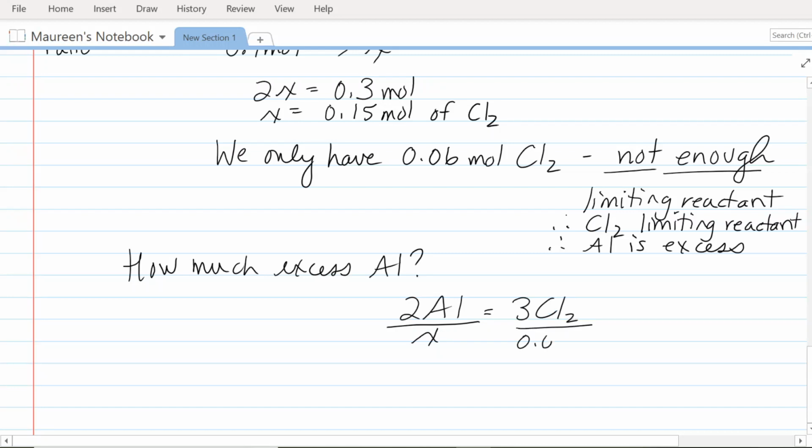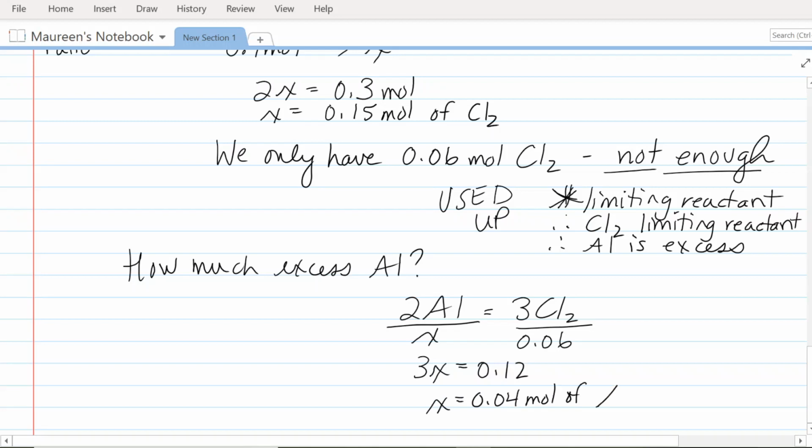This time we're going to say, all right, let's use up all the chlorine, because we know that the limiting reactant is always used up. Okay, so let's use up all of this and see how much we have left over. So 3x will equal 0.12. X will equal 0.04 moles of aluminum needed for that reaction to go.